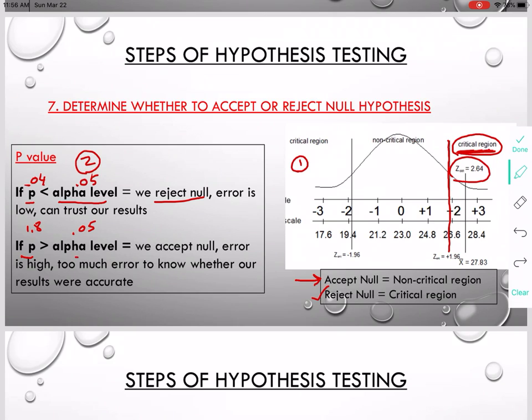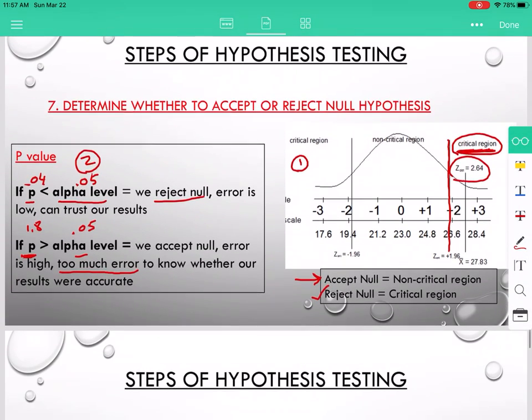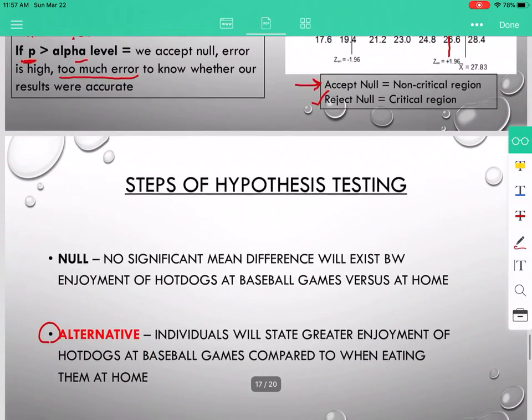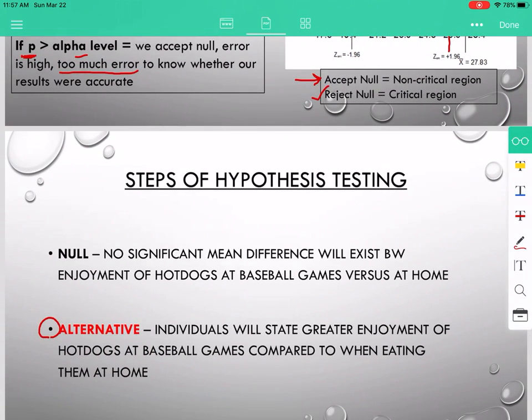So if I compare my actual error to what I said was acceptable, and my actual error was much higher than what I said was acceptable, I have too much error. And because I have too much error, I really don't know whether the results were accurate or not. I had too much error to really determine whether or not there was a real difference. And in that case, you would have to accept the null.